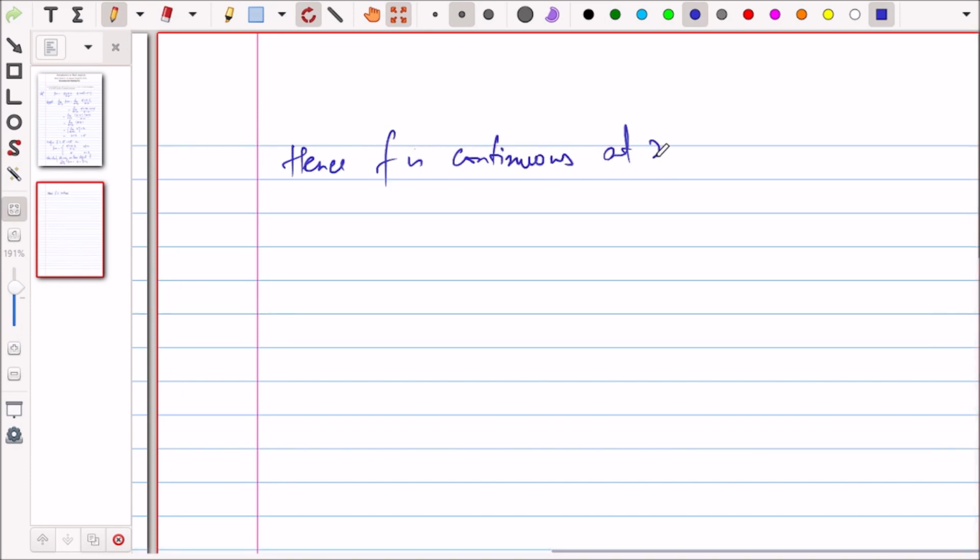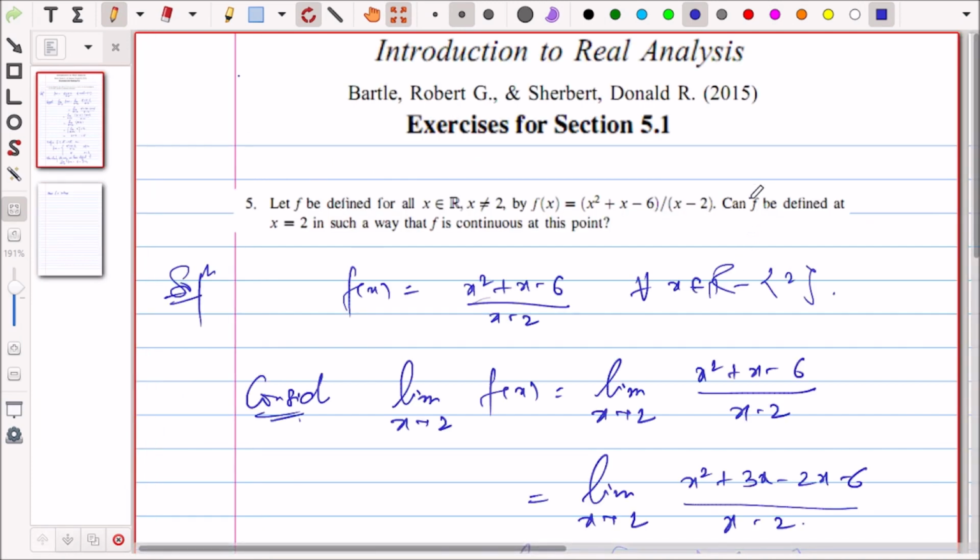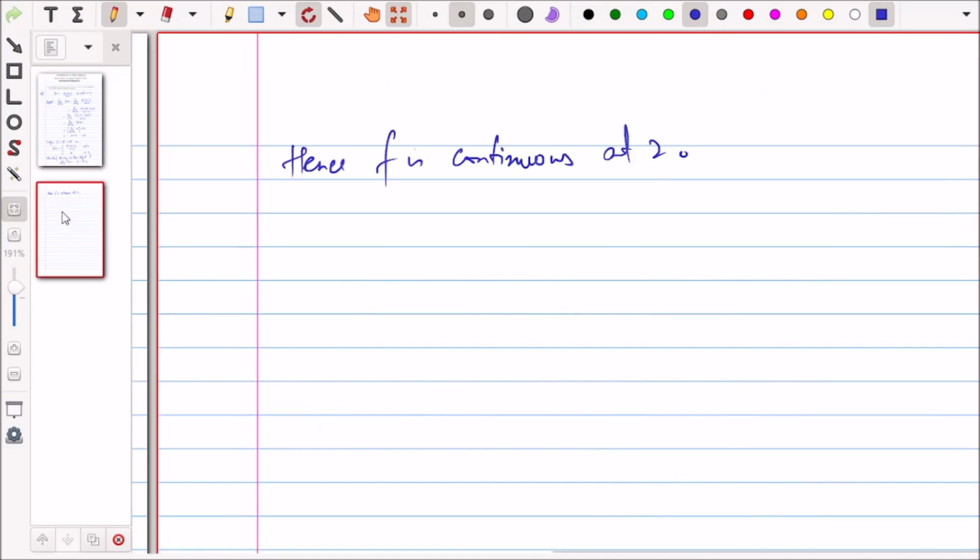Note that we can define this function f at the missing point, keeping continuity intact, only when the limit at that point exists. If the limit does not exist, then we cannot define the function f keeping continuity intact. Okay, so now this question is complete.